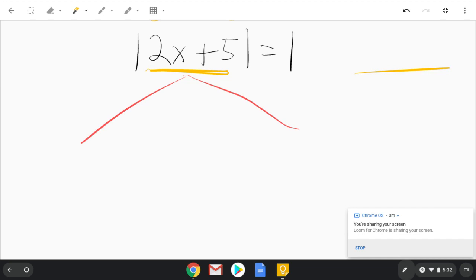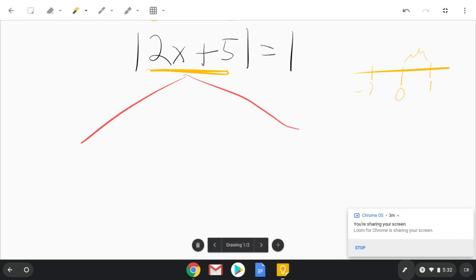If we pretend we had our number line here, in order to have a distance away from 0 of 1, there are two options. It could be a distance away from 0 in this direction, or it could be a distance away from 0 in the negative direction. And that's what we do with these.